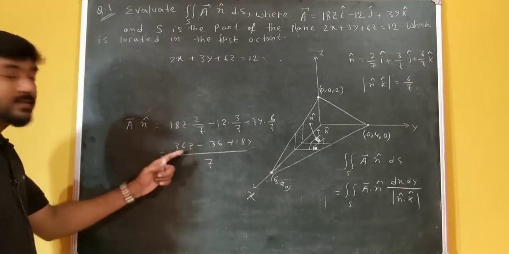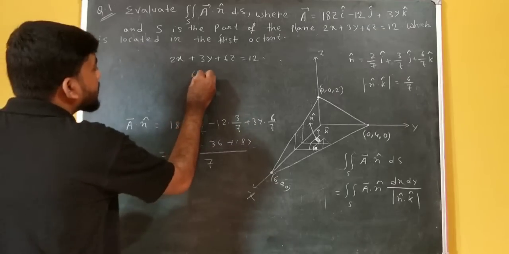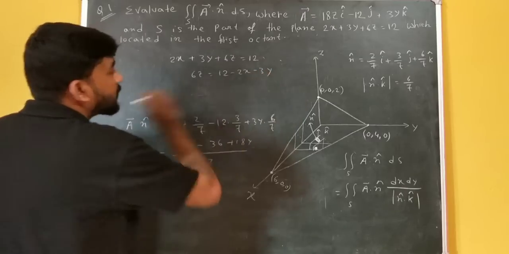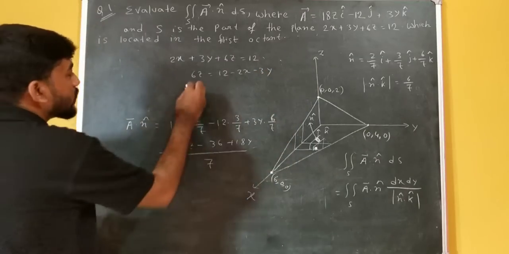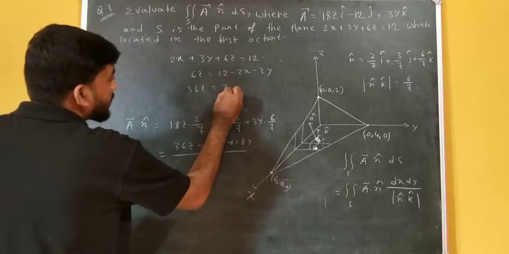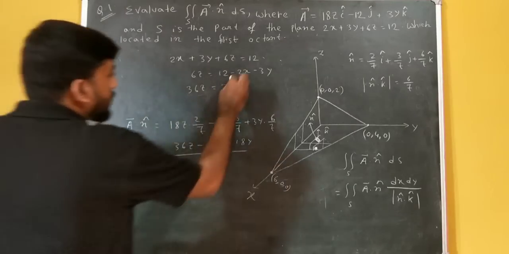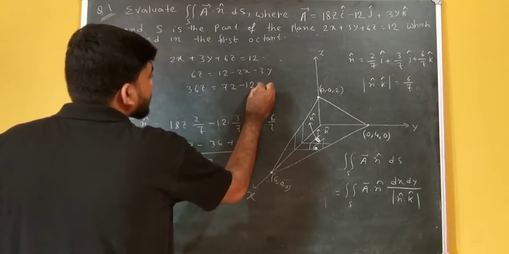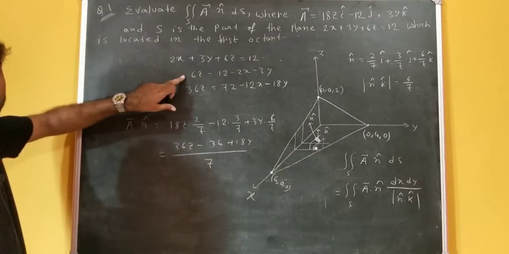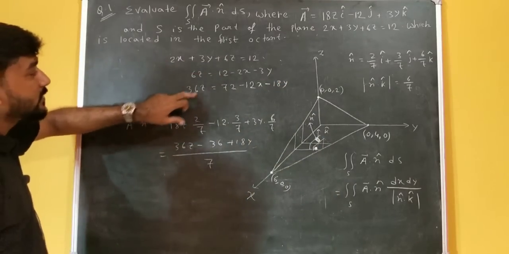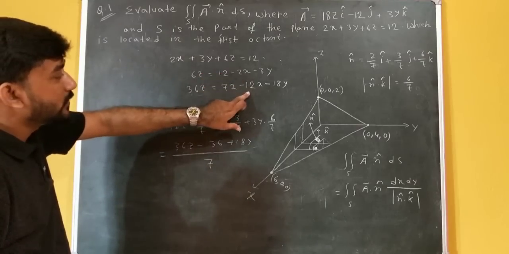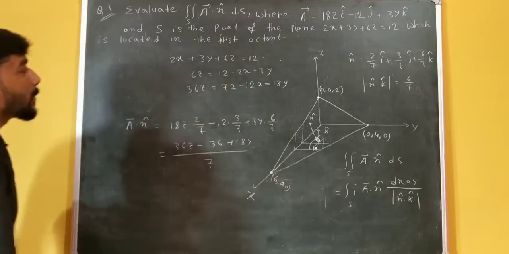Now we need 36z. So 6z is equal to 12 minus 2x minus 3y. If we multiply by 6, we get 36z equal to 72 minus 12x minus 18y. 6 into 6 is 36, 6 into 12 is 72, 6 into 2 is 12, and 6 into 3 is 18.